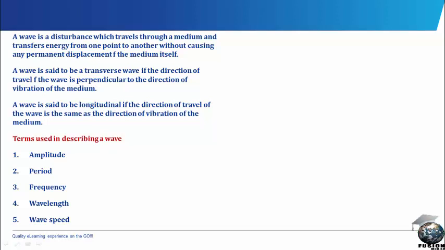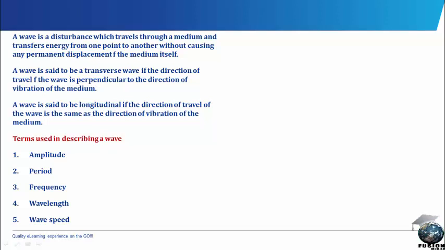Example: in mechanical waves, we have water wave, wave on a spring, sound wave. All these types of waves need something to propagate them. While in electromagnetic wave, for example, we have light, gamma ray, X-ray, ultraviolet ray, and many others.